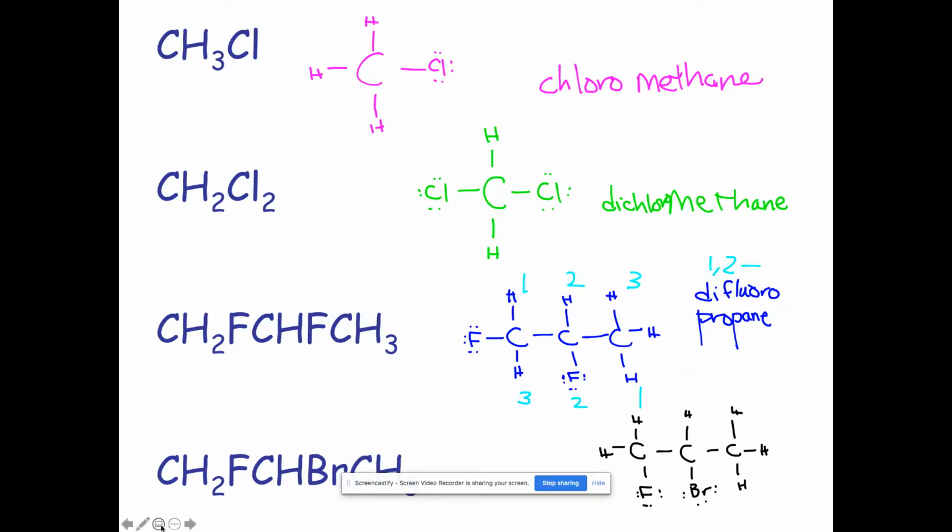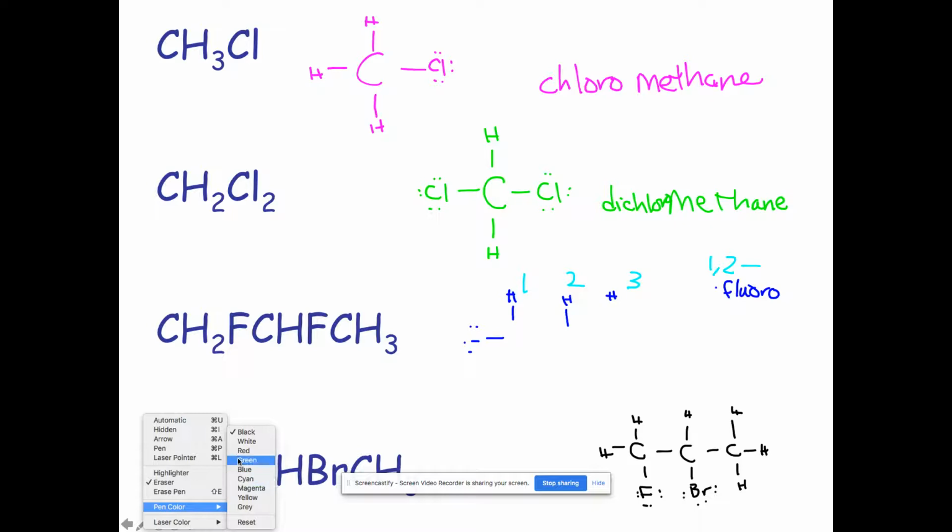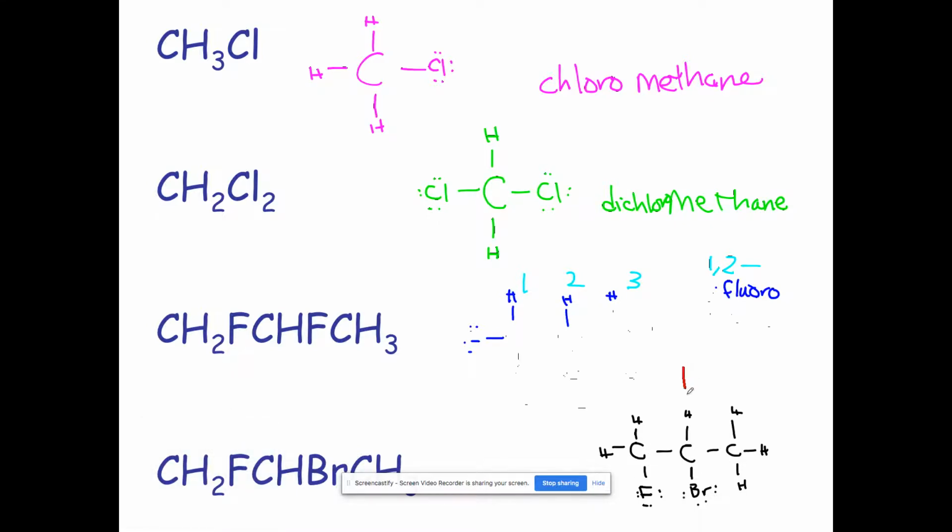I think I'm going to erase some of the stuff up here just to give us more room. Hopefully you don't need that anymore. All right, so now we need to name the parent chain. Meth, eth, prop. All single bonds, we have a propane. Look for our functional groups. We have this and we have this. This is called fluoro. This is called bromo. Who comes first?